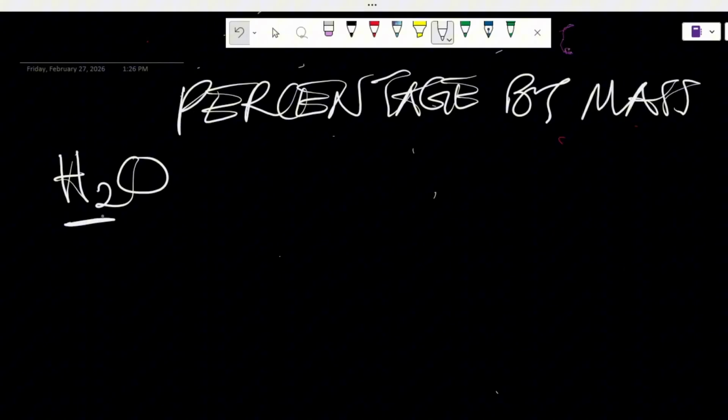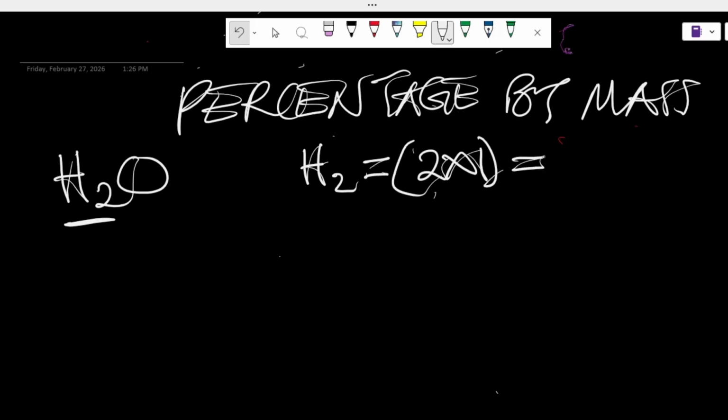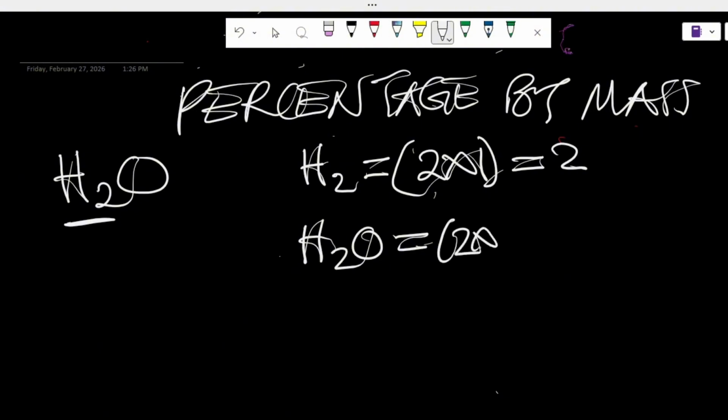In this case, we're going to go with the molar mass or the relative molecular mass of hydrogen as compared to the entire compound. Notice that you have 2 times 1, so hydrogen is 2. The mass of water is 2 times 1 for hydrogen plus 1 times 16 for oxygen, so it is going to give us 18.